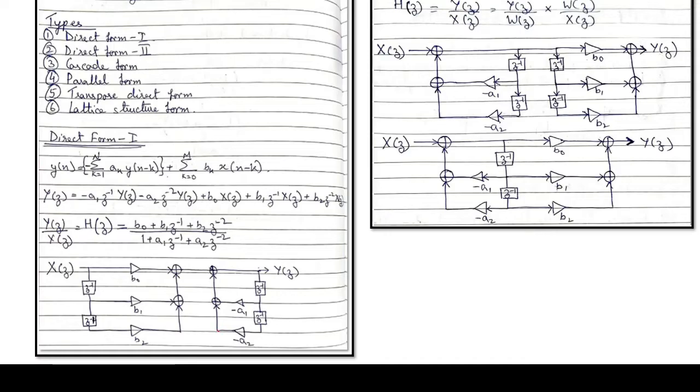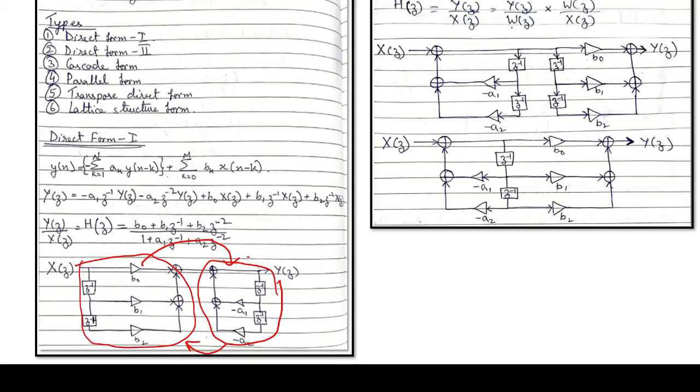Now what we need to do? This has been brought over here, and this part has been brought over here. Okay. If you see z inverse minus a1 minus a2, this one, and this one, it has gone over here. Okay.